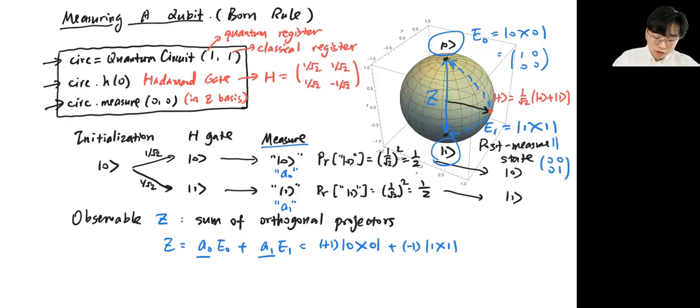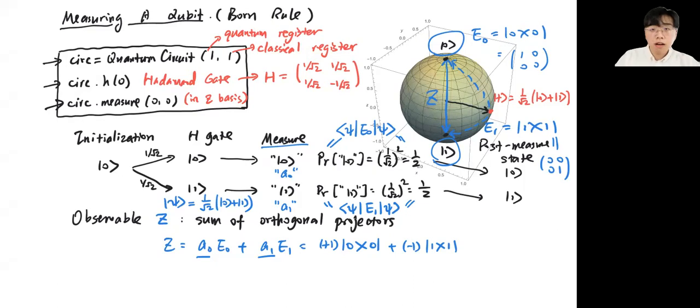And if you have a quantum state psi, and in this case it's the plus state, the probability of measuring 0 can be conveniently written down as the inner product form ⟨psi|E0|psi⟩. And similarly for the probability of measuring 1, it's equal to ⟨psi|E1|psi⟩. And you can verify that they are equal to 1/2.